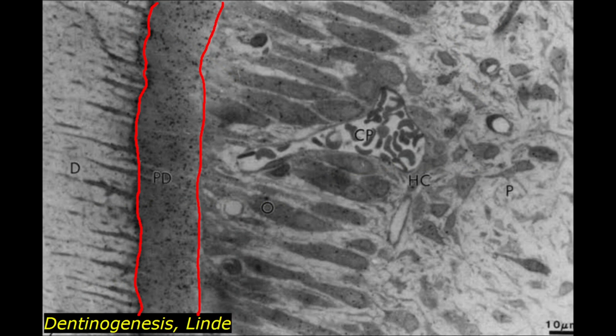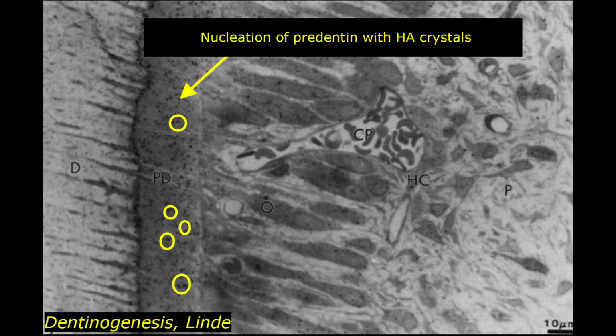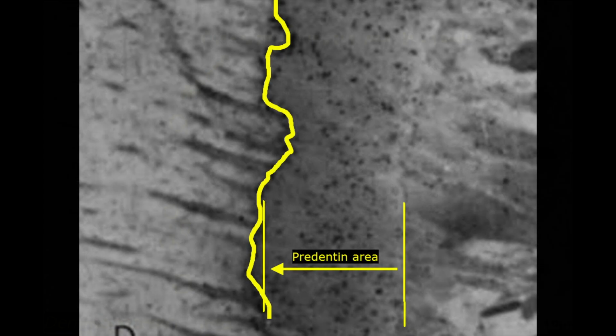When this predentin layer is not missing, you have to deal with how a tissue appears when it has partial nucleation of hydroxyapatite crystals interspersed throughout in various stages of mineralization. So you have to ask, what does this tissue look like from your vantage point looking toward the mineralization front?